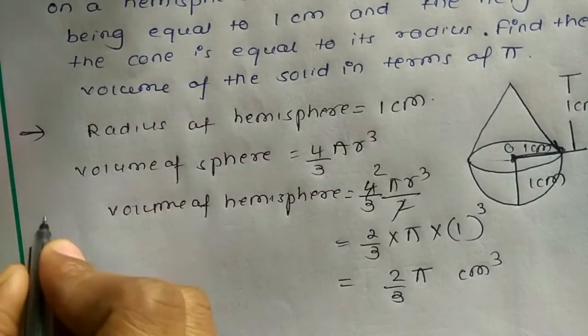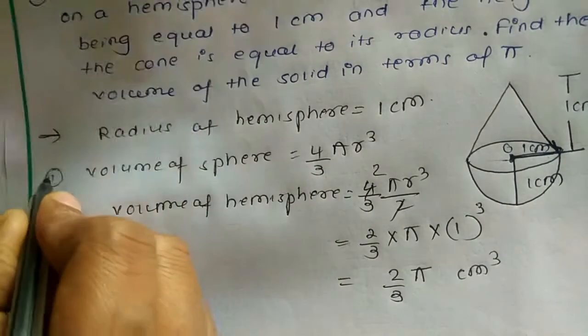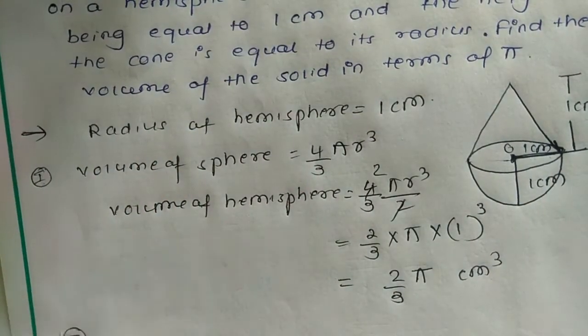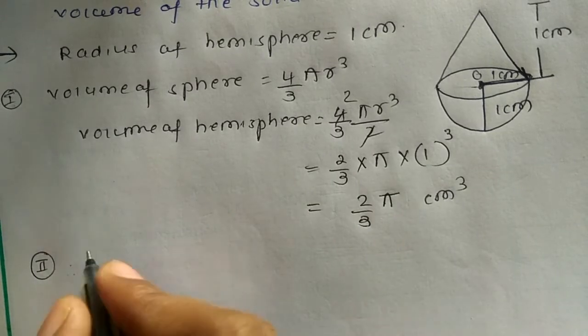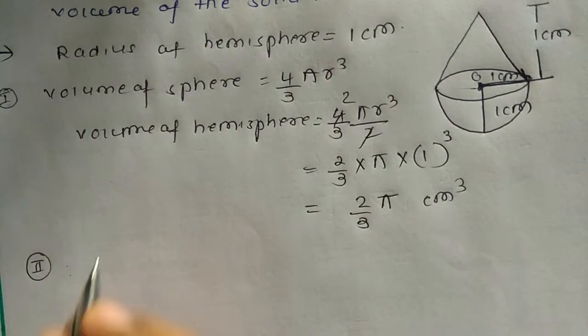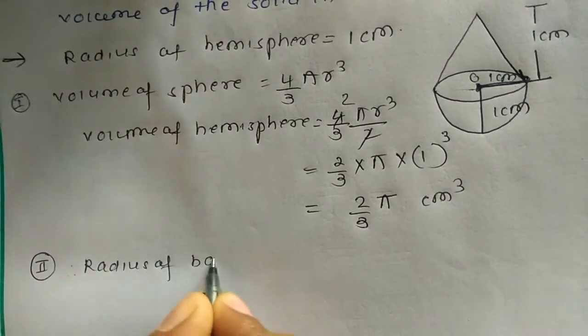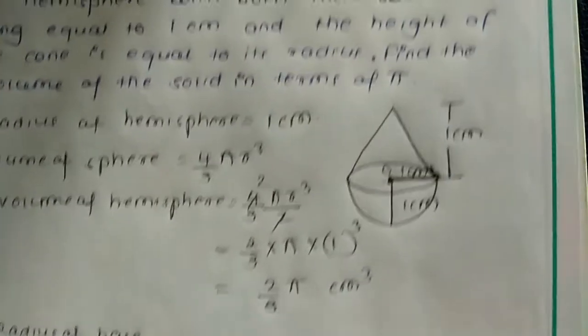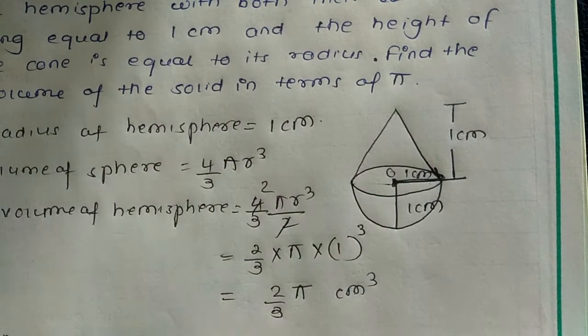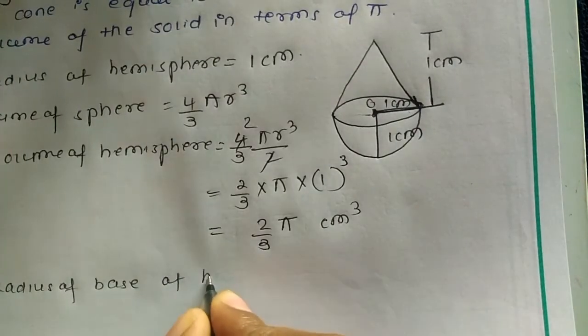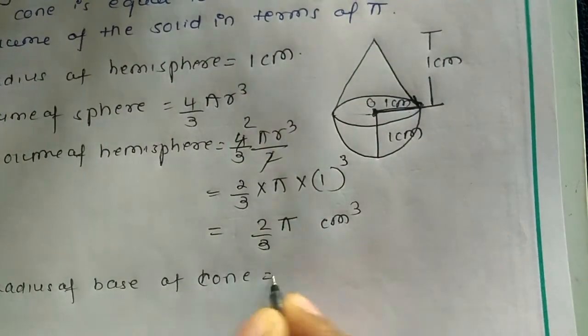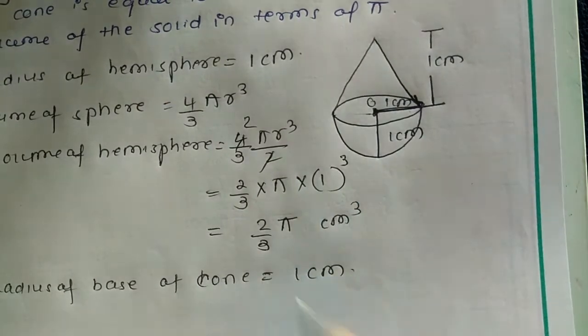Now let us find the volume of the cone. As we know, the radius of the base of the cone is the same as the radius of the hemisphere, which is 1 centimeter.